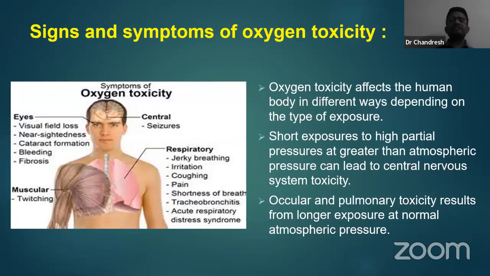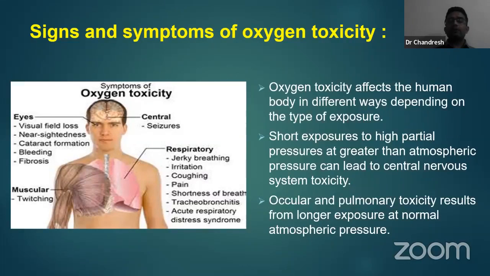What are the signs and symptoms if you give the patient oxygen for a longer duration and the patient gets oxygen toxicity? It affects the human body in different ways depending on the type of exposure. If it is a short exposure given at higher than atmospheric pressure, it can lead to central nervous system toxicity. What are the symptoms of central nervous system toxicity? A patient can have seizure, confusion, drowsiness.